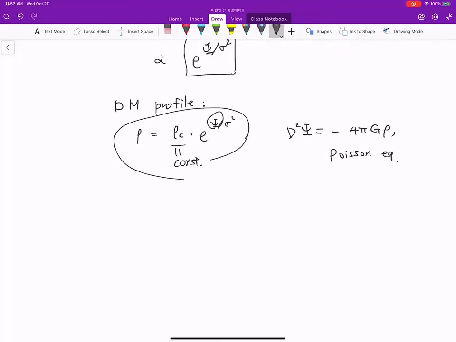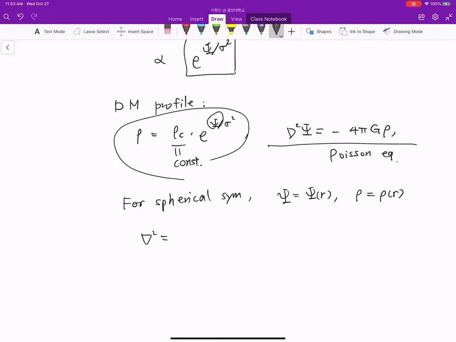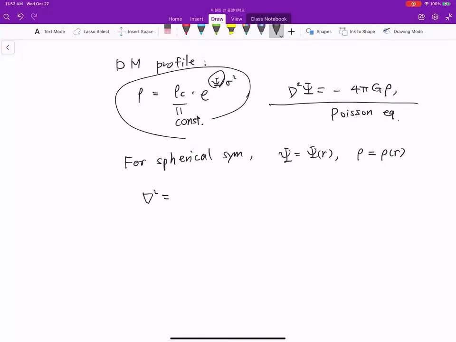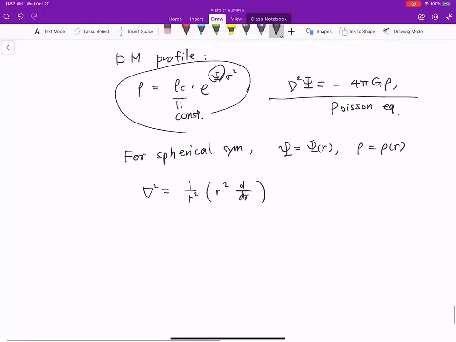So we are going to use this Poisson equation. For spherical symmetry, psi and rho are functions of r only. Therefore, this Laplacian operator can be written down in the radial coordinate only.